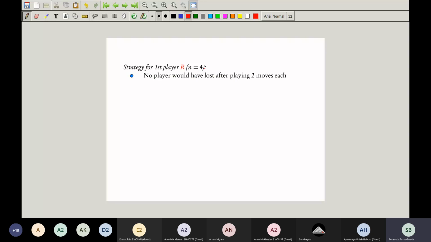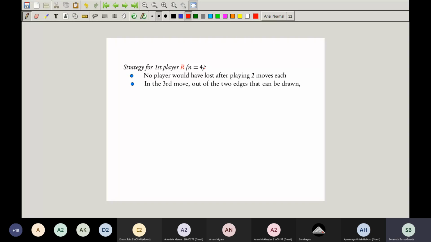A player can lose only when he has completed a monochromatic triangle in his or her own color, which means to lose, a player must have played 3 moves at least, correct? After round 2, both players have played 2 moves, and no player could have lost after round 2, because you couldn't have completed a triangle built out of 2 edges or 2 pathways, correct? So no player would have lost after playing 2 moves each.